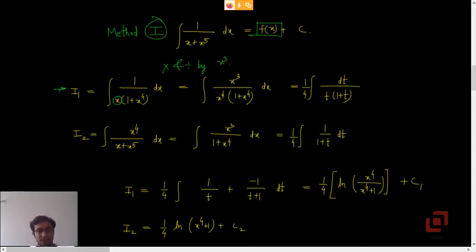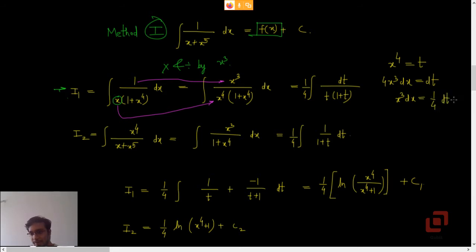So 1 in the numerator is now x cube, and this x term in the denominator, after multiplying it by x cube, will become x raised to 4. Okay, then I substituted x raised to 4 as t, so 4x cubed dx would be dt, so x cubed dx would be 1 upon 4 dt.